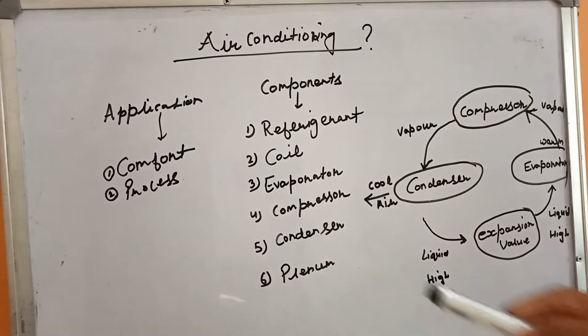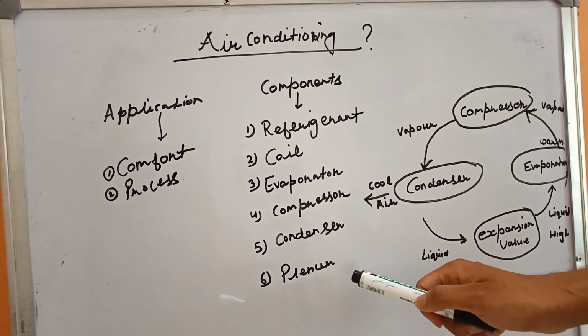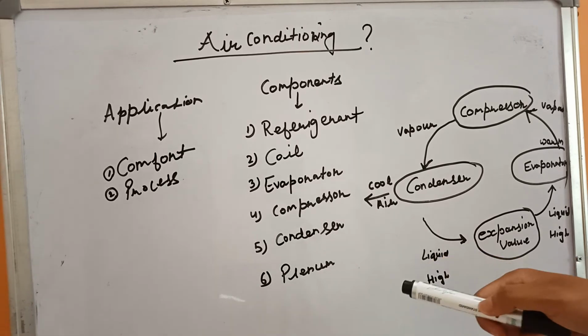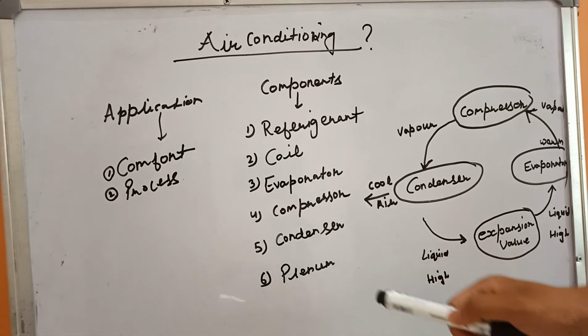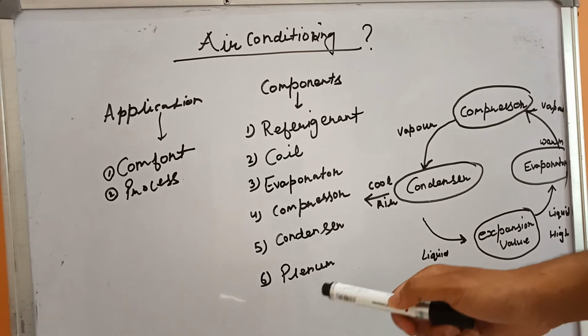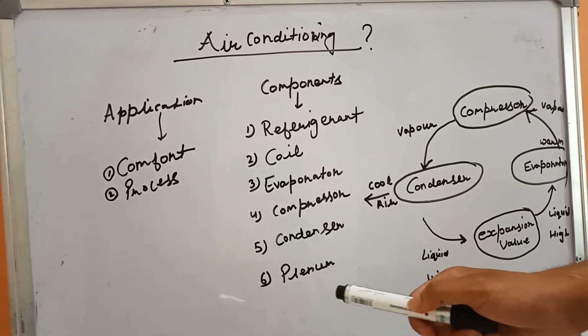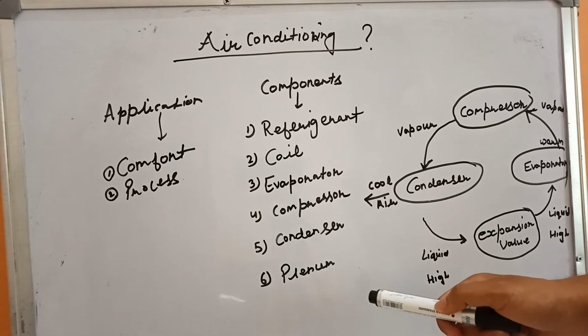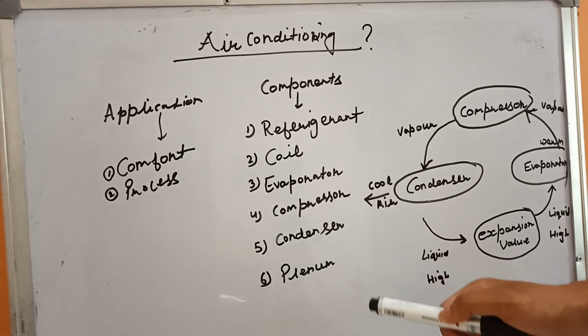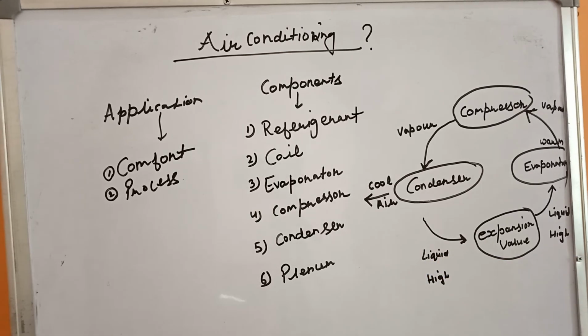Then plenum. Plenum is the air compartment, and we can say this is the duct-like structure which circulates air and forms the ducting part of the system. So plenum is that part.